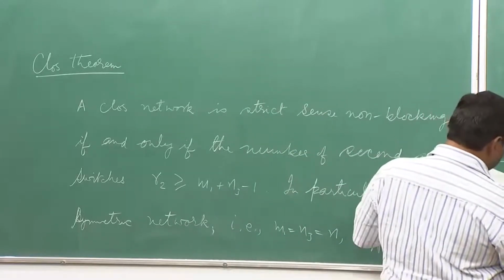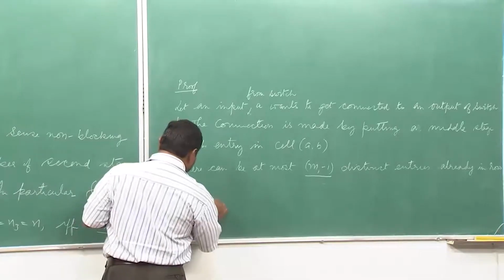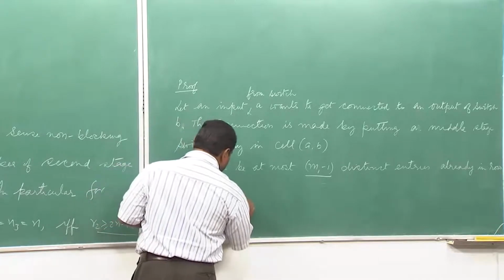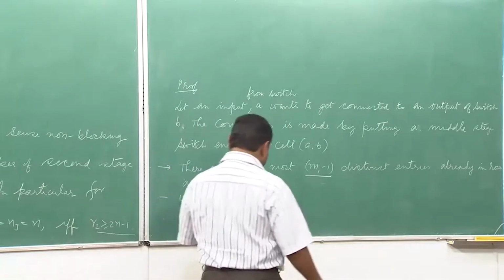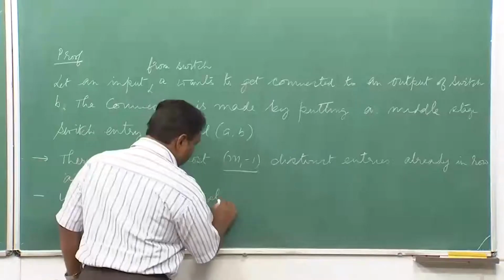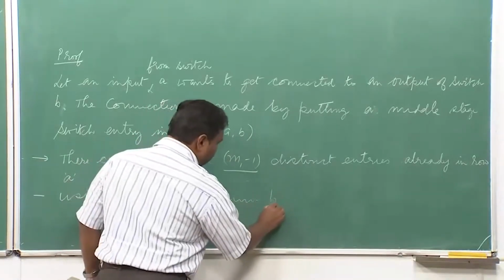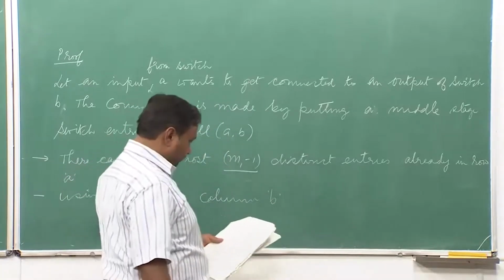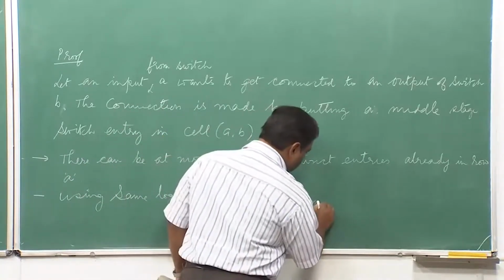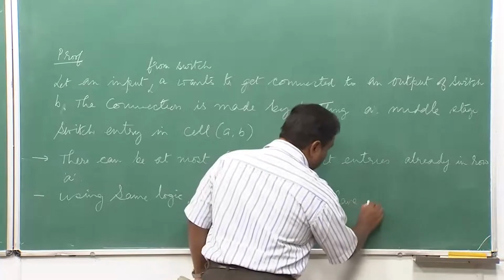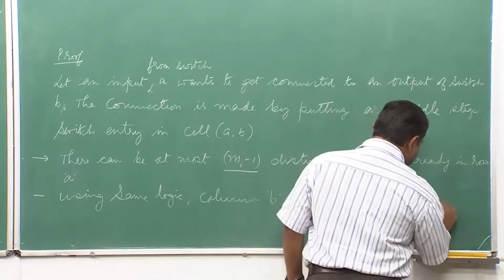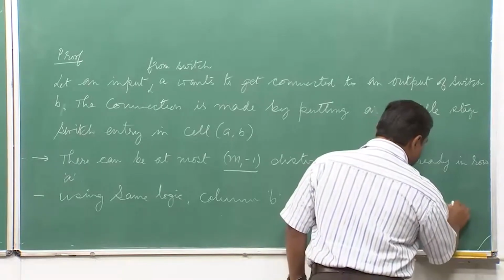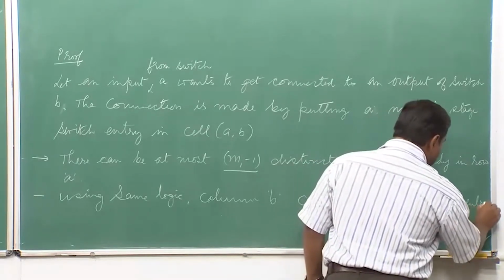So, the next one is using the same logic, column B can have n3 minus 1 distinct entries.